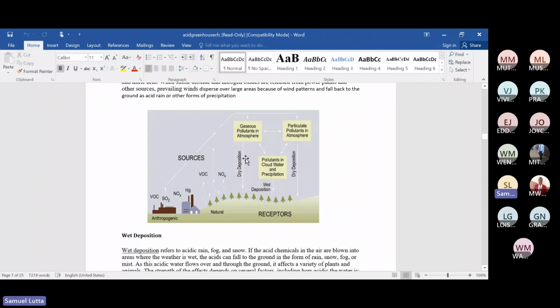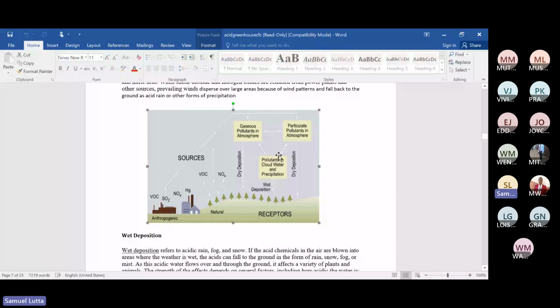And when they mix with water in the atmosphere, they'll form pollutants in the cloud with water.